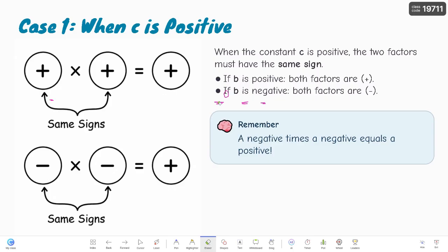We will factorize this expression as 2 brackets or 2 parentheses. When c is positive, the two brackets must have the same sign.